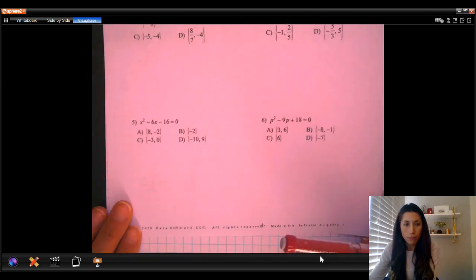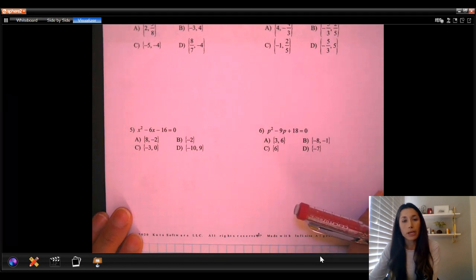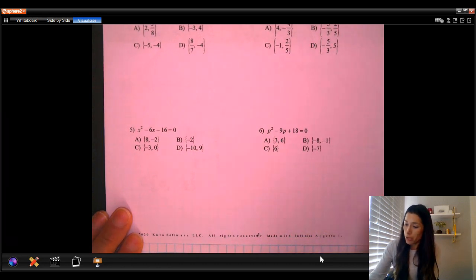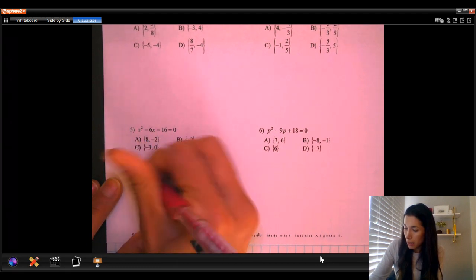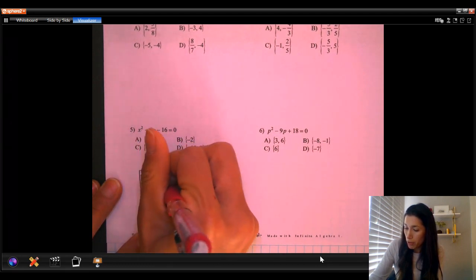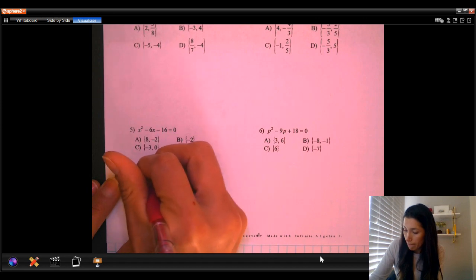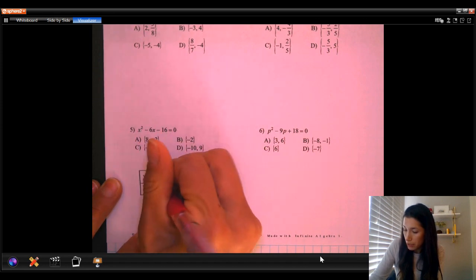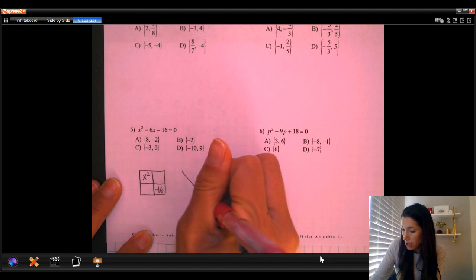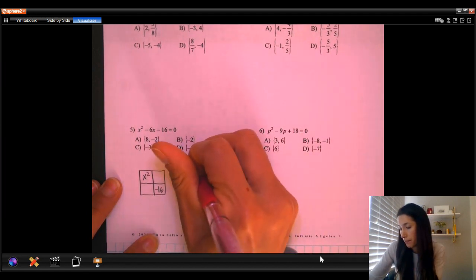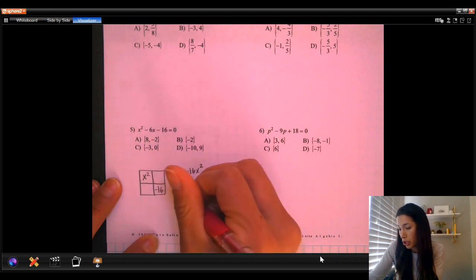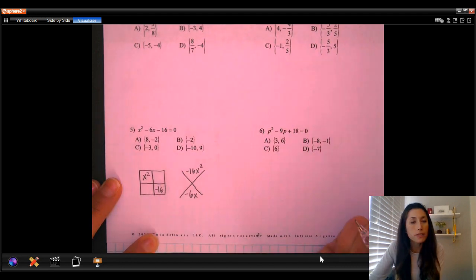On question 5, we are going to start with factoring, and then use the zero product property. Remember, with factoring, we create a box and diamond, and we place our first term in the first box, our last term in the last box, and then we make our diamond. We multiply these two, put them at the top of the diamond, and then place our middle term at the bottom of the diamond.